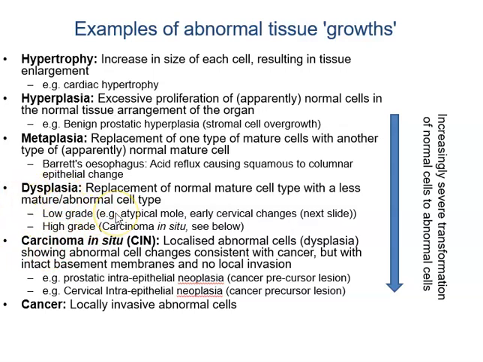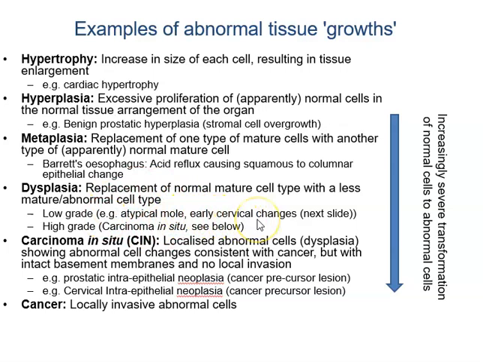Low grade will be something like an atypical mole. A mole is hyperplasia of melanocytes, whereas in a low grade, atypical mole, those melanocytes have not only proliferated, they have also not fully differentiated. So this could be a precancerous lesion.